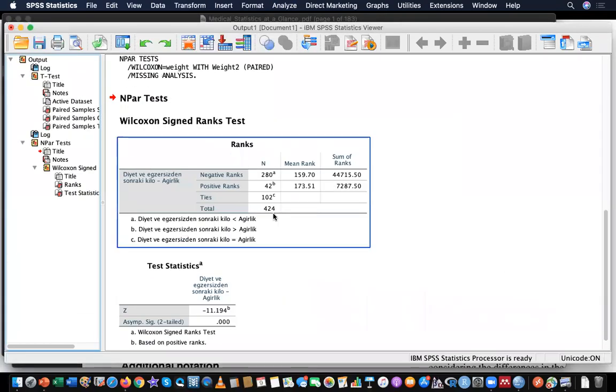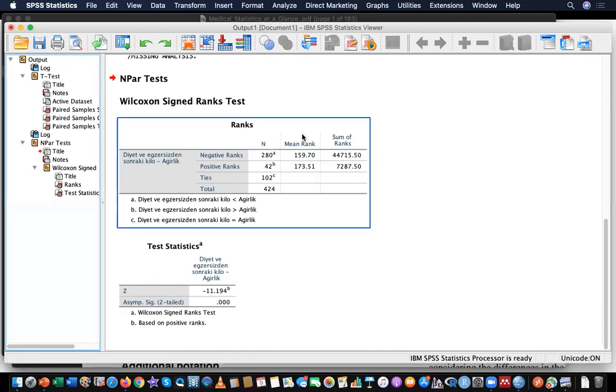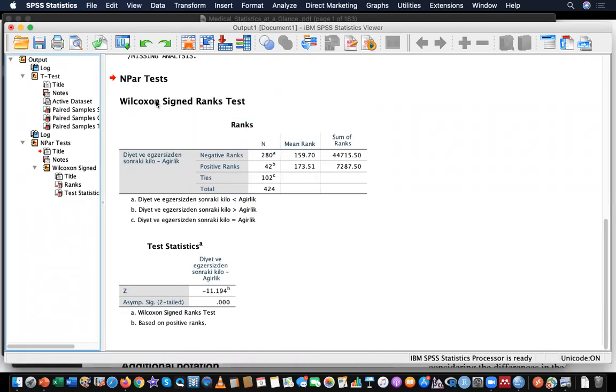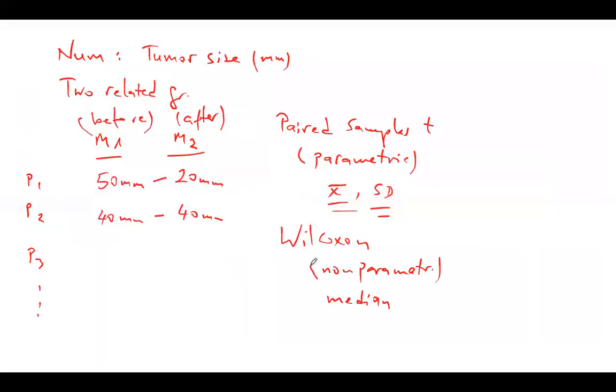Let us see what kind of output we have. The p-value again, the asymptotic significance, two-tailed p-value, is again less than 0.05. So we have almost the same result. But the difference is, you see in the Wilcoxon, no mean is reported. Can you see any mean values here? No. Instead of mean, we see the rank, because the Wilcoxon test, like the non-parametric tests, relies on the median or the rank.